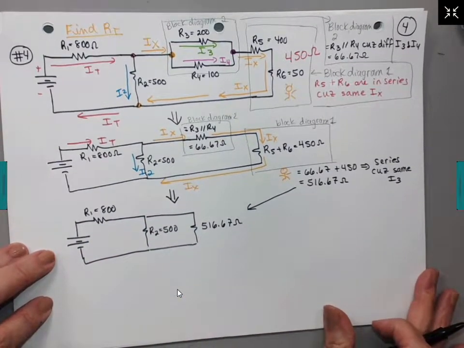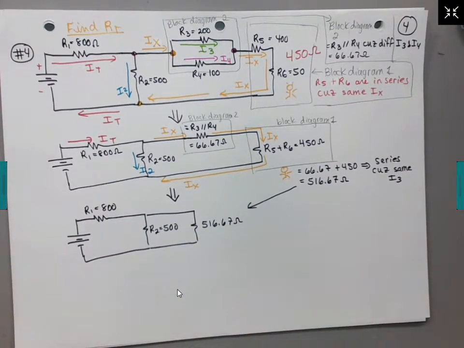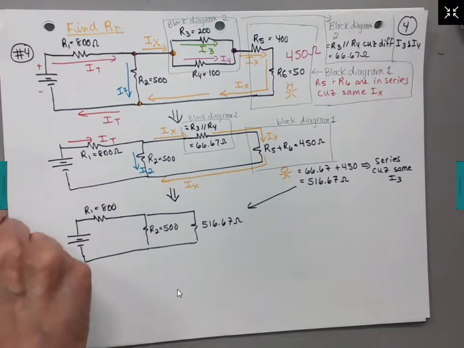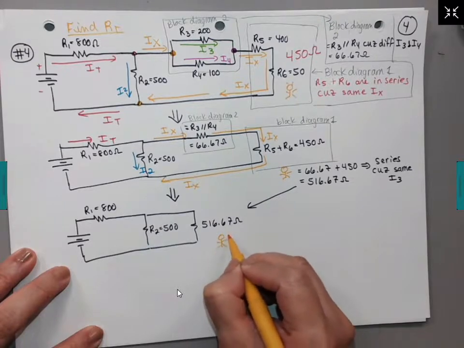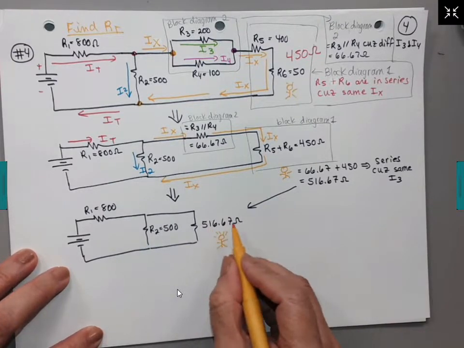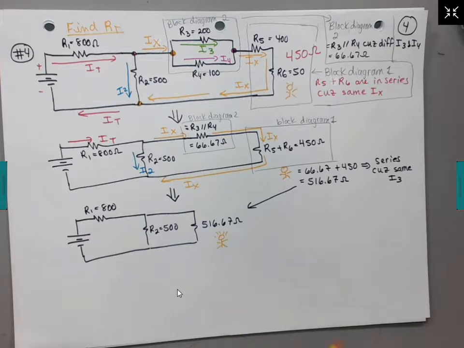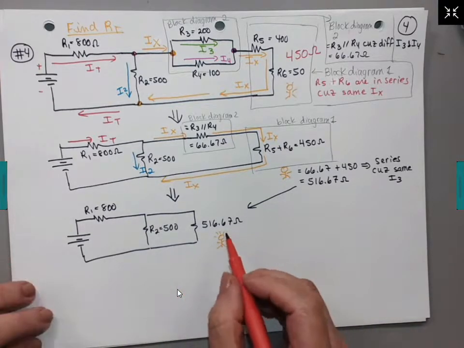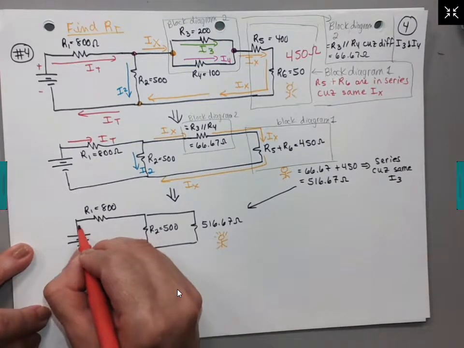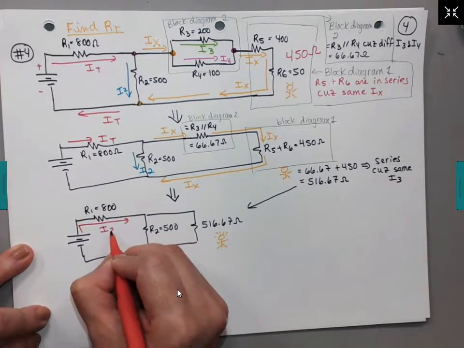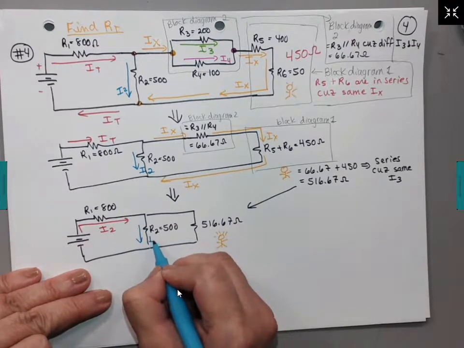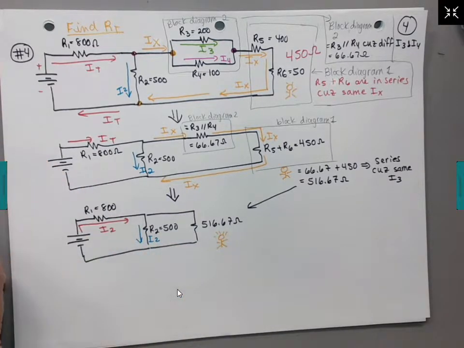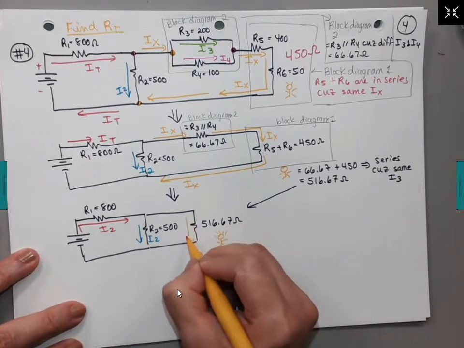So what can you tell me about this circuit right there? R2 is in parallel with just the 516.67. I don't know what to call him, that's why I put the number. That's all right. And he is IX.